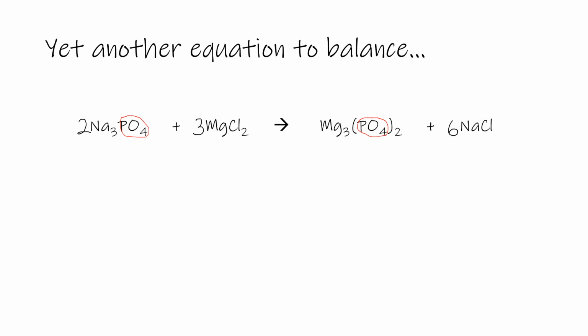So 3 times 2 gives me the 6 I need. That also gives me 3 magnesium on the reactant side, which matches up with the 3 magnesium on the product side from the subscript of 3 in the magnesium phosphate. And so that balances that equation. That goes through just a few examples of how to balance equations by looking at what's going on in them.